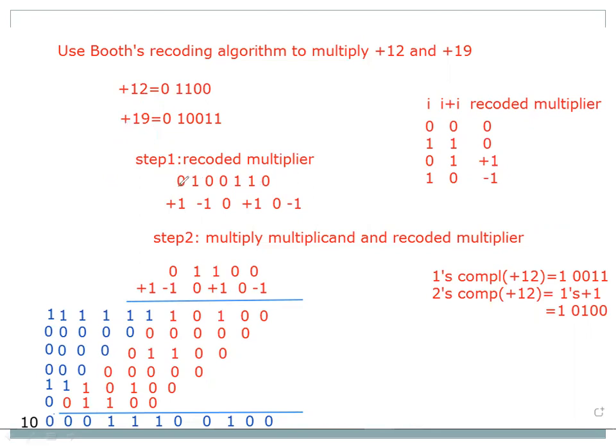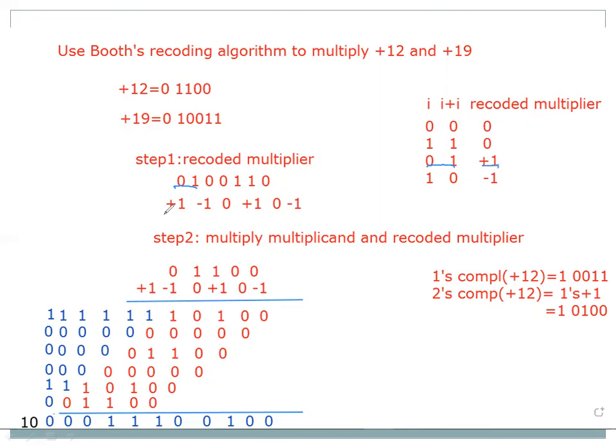Now you are going to generate the recoded multiplier using this value. You start comparing from left to right. First you compare the 0 and 1. While comparing 0 and 1, the recoded value is plus 1.